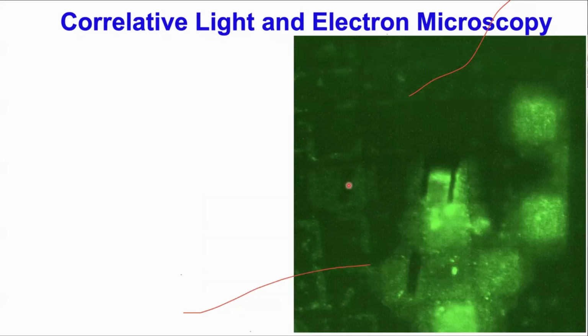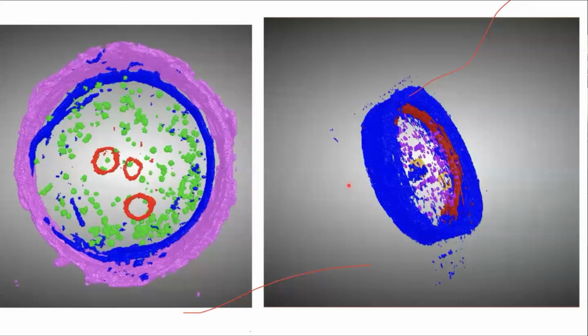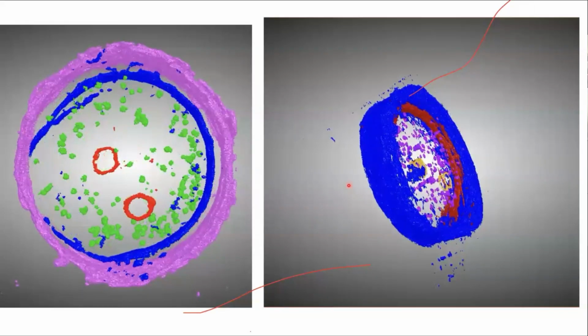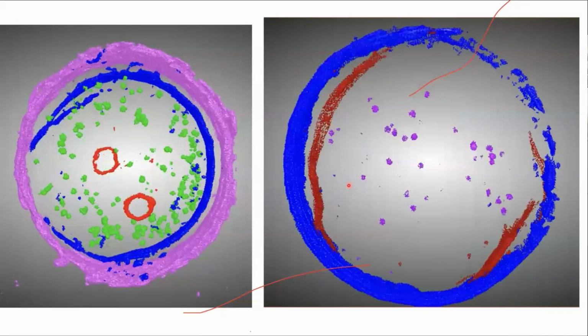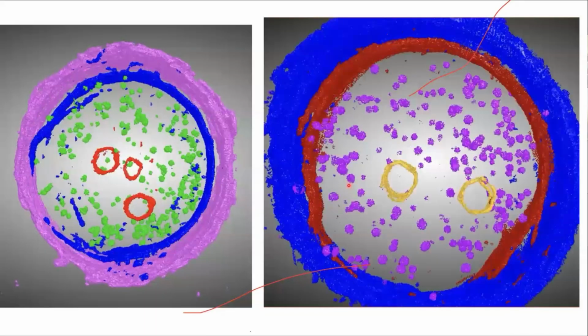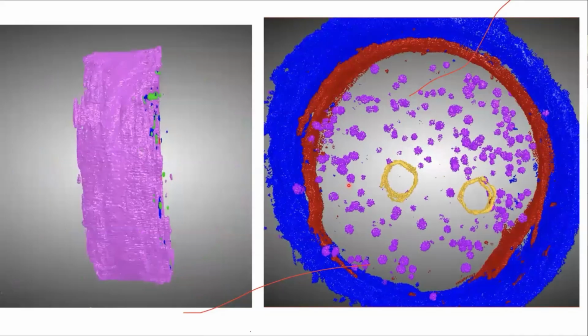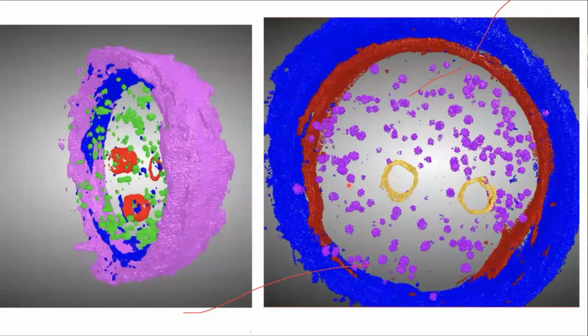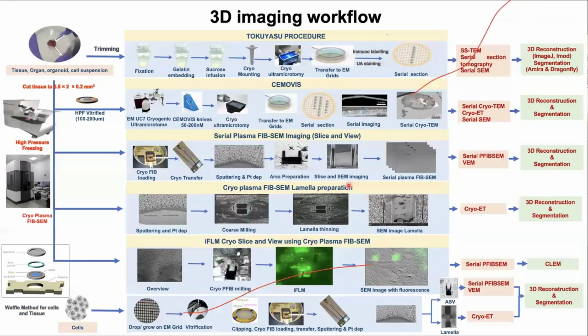Finally, by lamella preparations, we have generated some tomograms of the samples using cryo-electron tomography. So in summary, this FIB is useful for 3D imaging, ultrastructural imaging, lamella preparation, and cryo correlative light and electron microscopy.